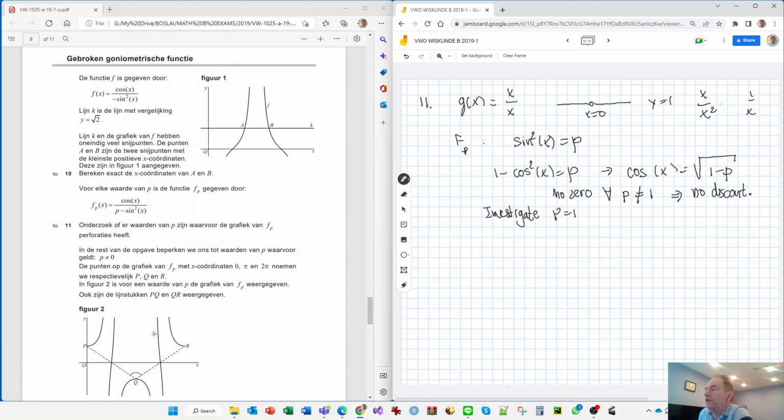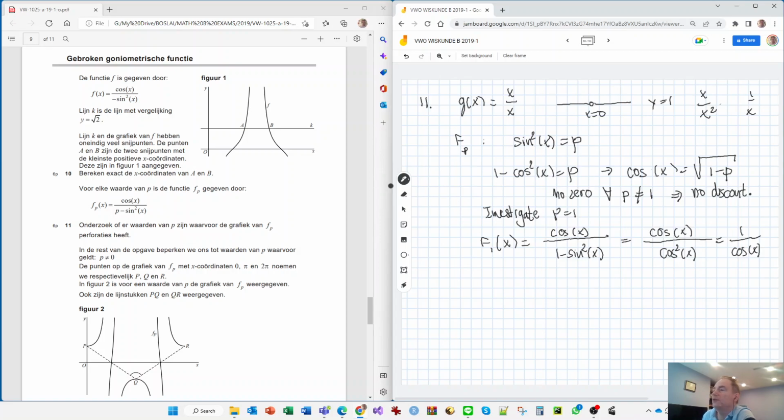Then the function f_1 of x is given by cosine of x divided by 1 minus the sine squared of x. But this one is just equal to cosine x divided by the cosine squared of x, which is 1 over the cosine.